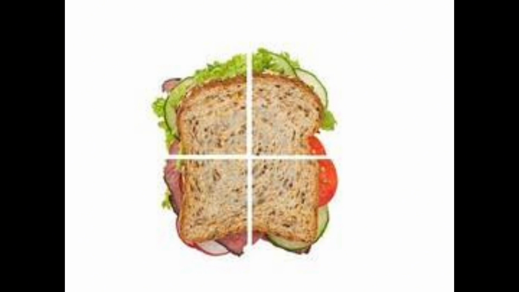So for this first part, this part is for someone, right? This part is for another person, here is for another person, and here is for another person. That makes 4 in total, right? We have the sandwich in 4 equal parts, and that means one person will be getting 1 out of 4 parts.